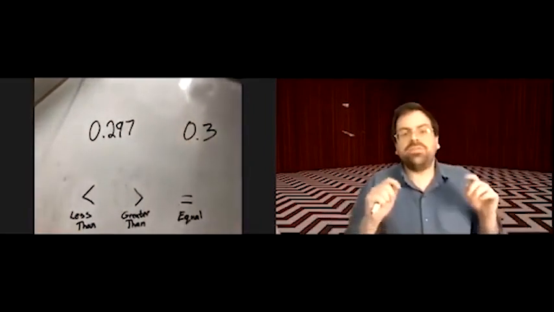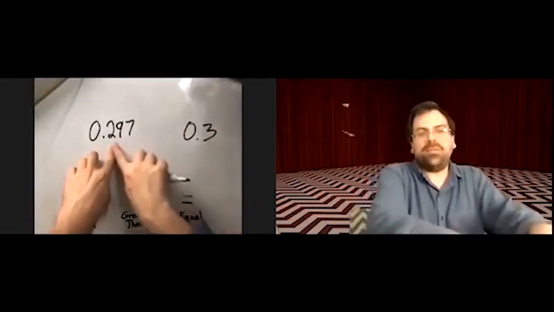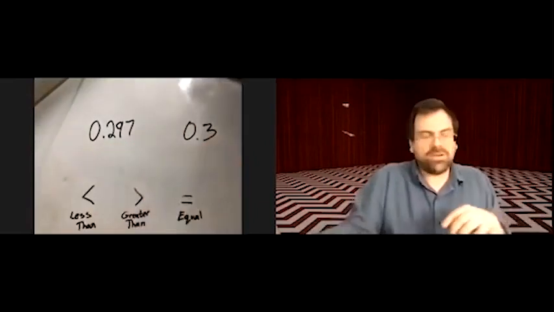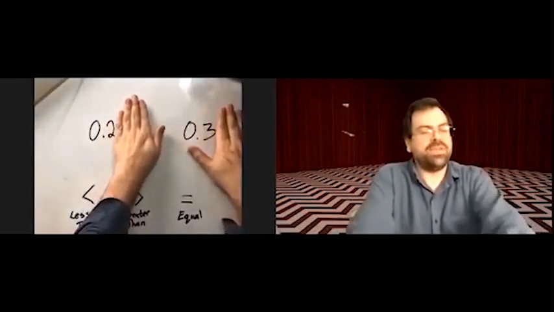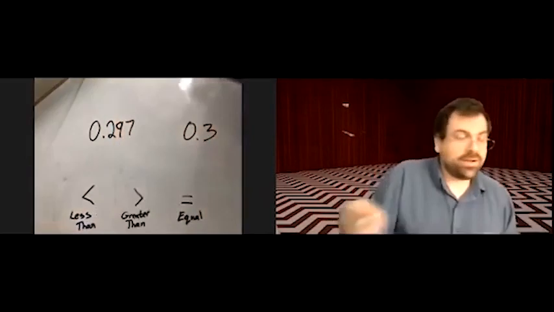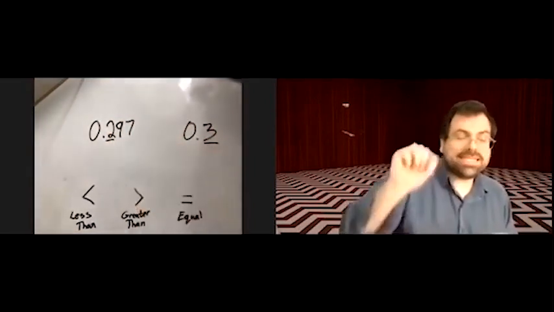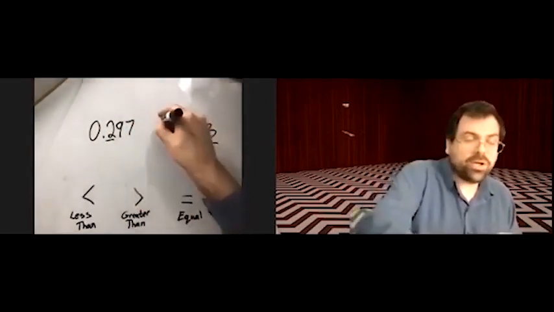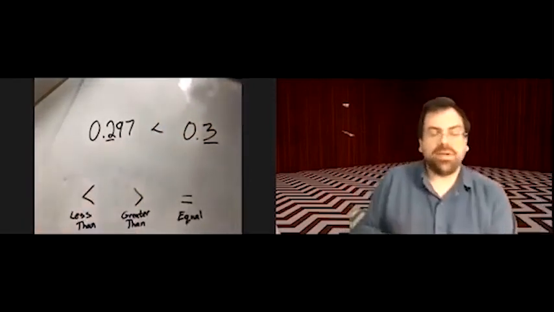Because remember, we have to go digit by digit. It doesn't matter how many we have. What matters is the zeros are the same. The first number that's different is this 2 and this 3. That is what we compare. 2 is less than 3. So 0.297 is less than 0.3.